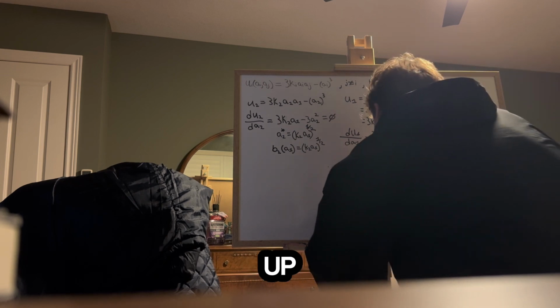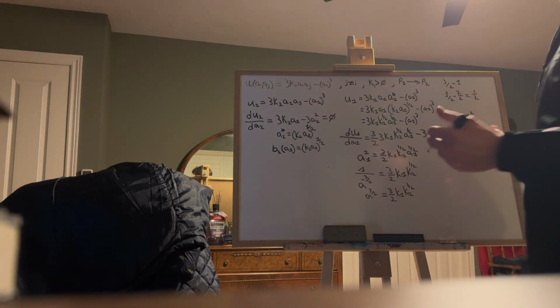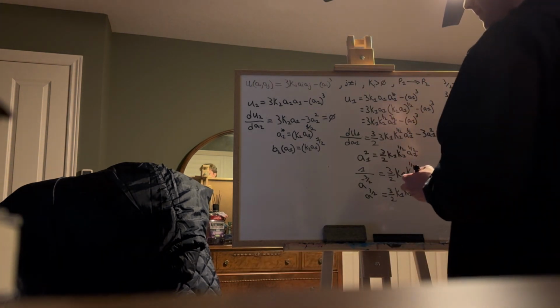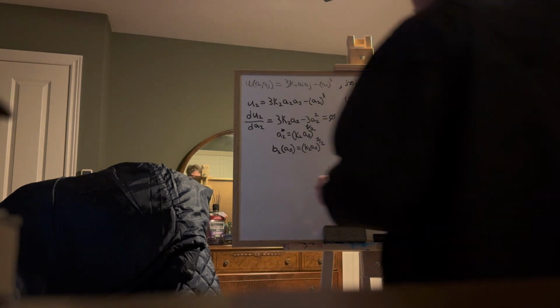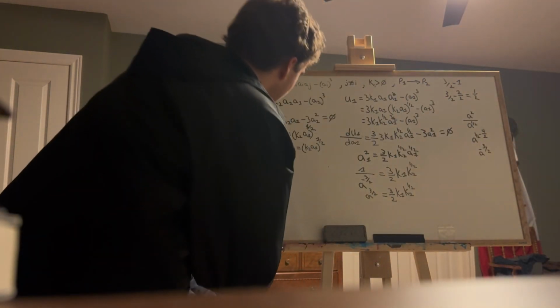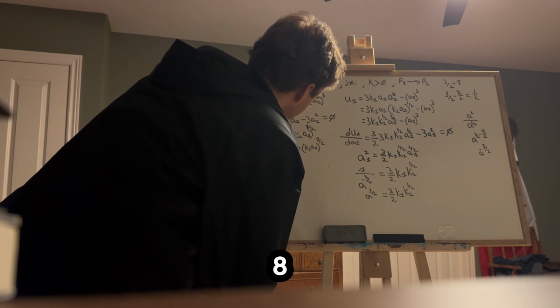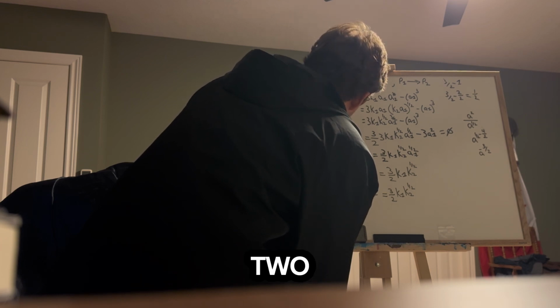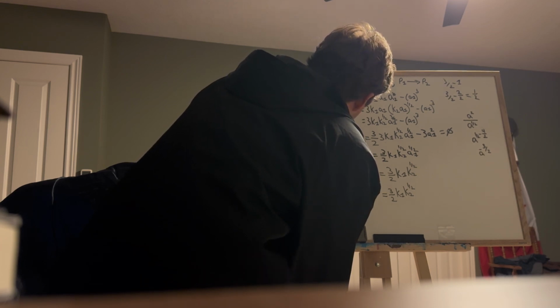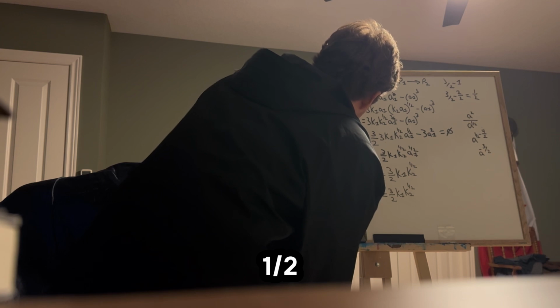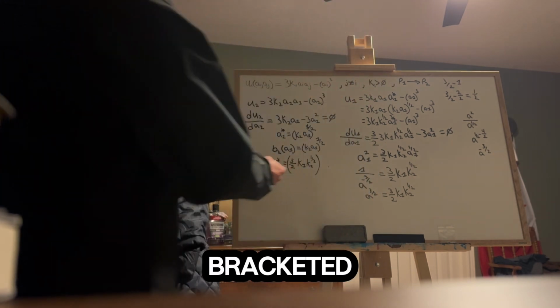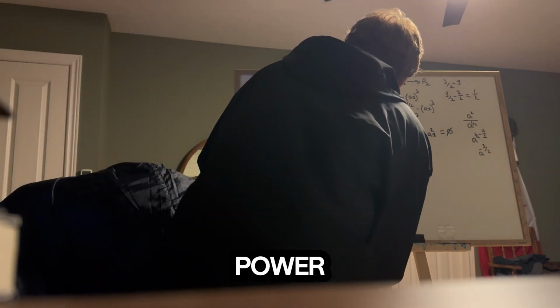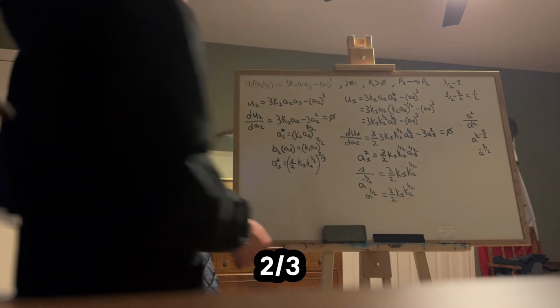And this gets moved up. Final step. I'm going to put it over here. Our a star equals 3 over 2 k1 k2 to the power of 1.5, all bracketed to the power of 2/3.